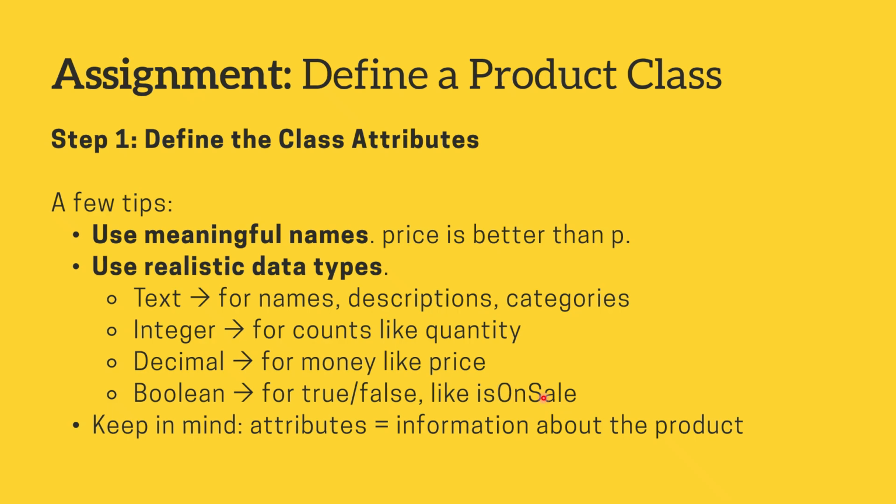Notice how it uses that camel case here. So isOnSale would either be true, that it is on sale, or false, that it's not on sale. Now, you can absolutely add more attributes if you want, like description, weight in pounds, whatever the case is. But just keep in mind, attributes equal the information about the product.